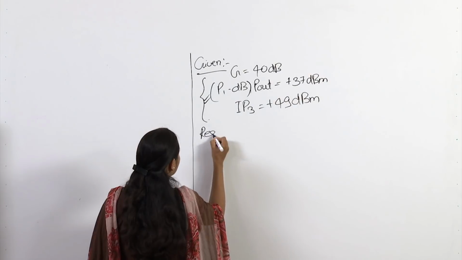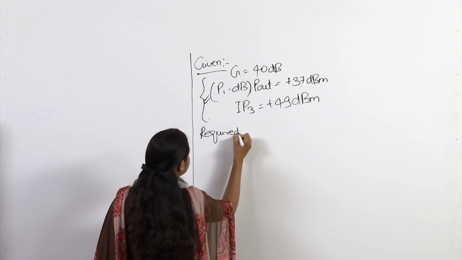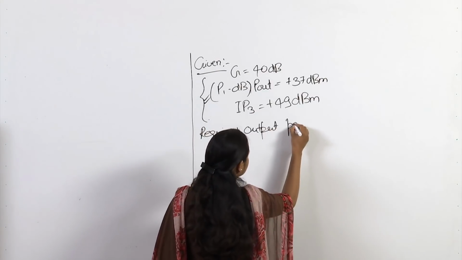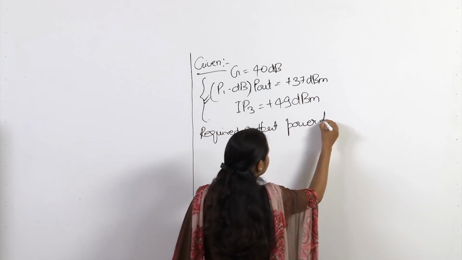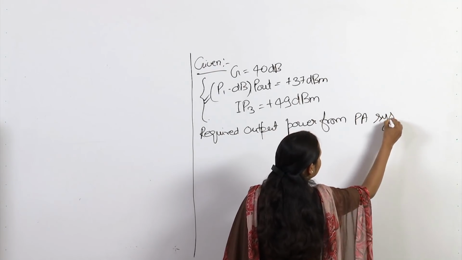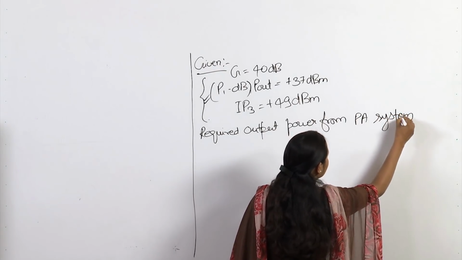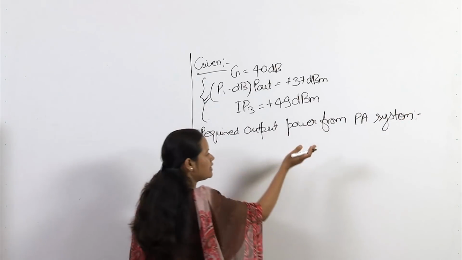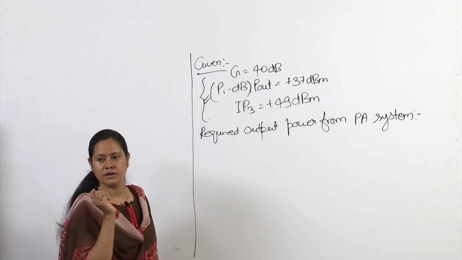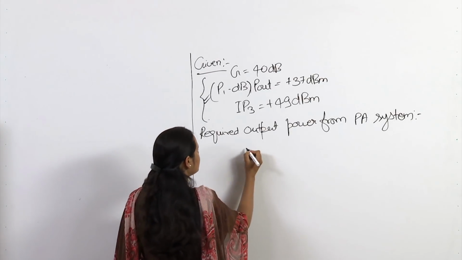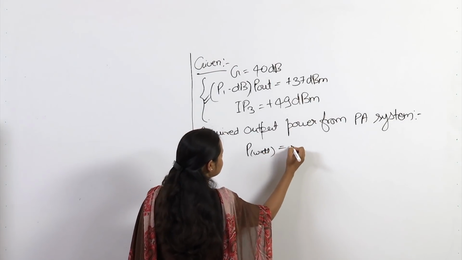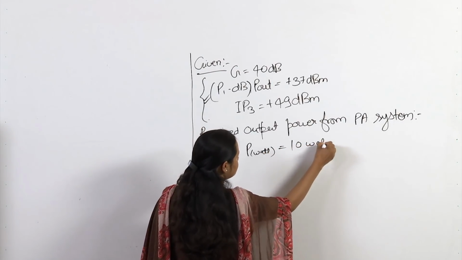So required output power from the PA system. I am calling it system because eventually we will select a number of power amplifiers to make this system. So the P in watt is given as 10 watt.